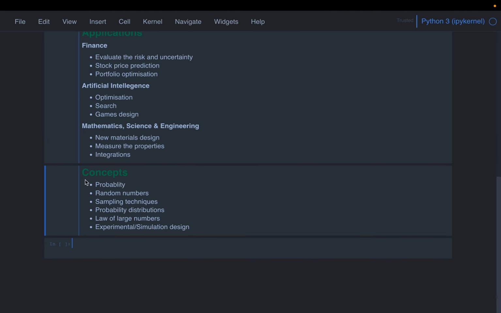and so the simulations depend on, we need to have a good understanding of a number of concepts in order to be able to design the simulations and then run the simulations and do the inference, etc. Right?